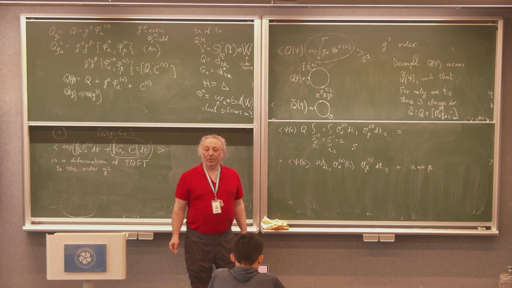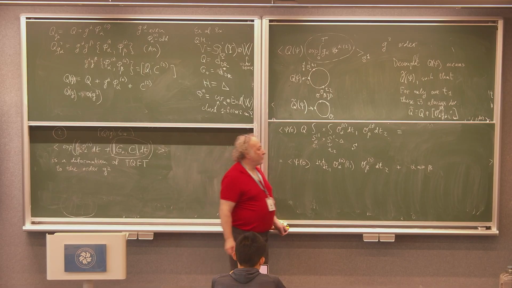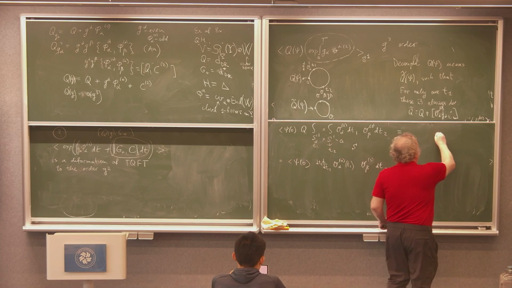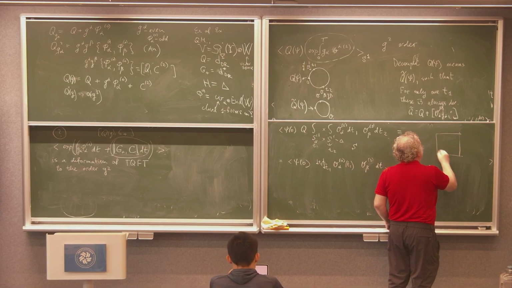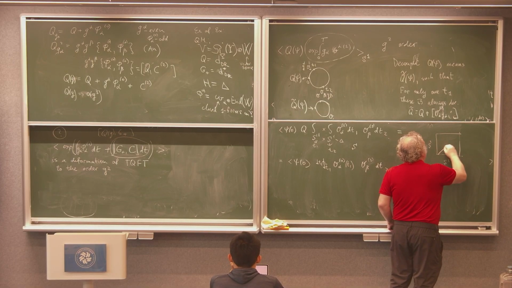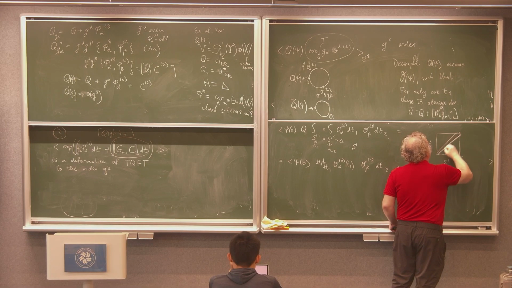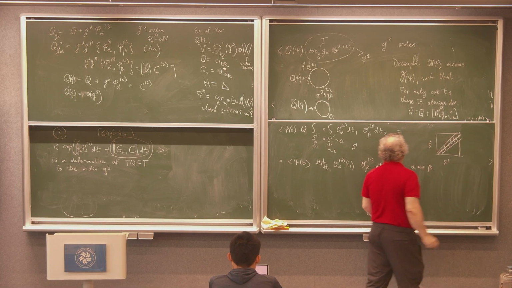So what actually do we have? We have an integral, so S1 times S1 is this. Here is diagonal. I'm cutting the diagonal out.